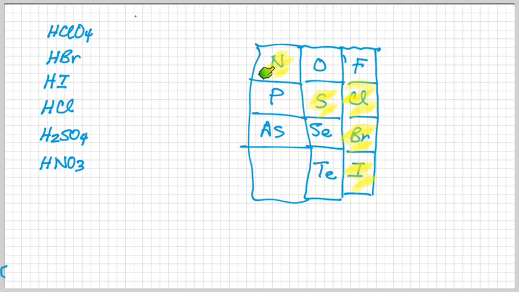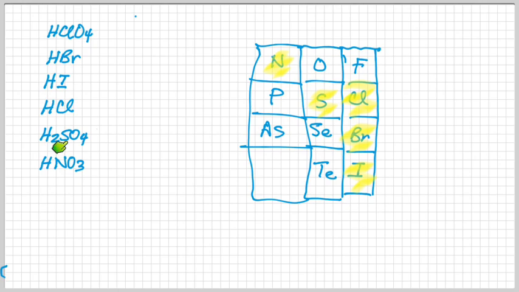So nitrogen is fairly electronegative. Sulfur is fairly electronegative. Chlorine too, and so these 3 here are the oxyacids that are going to be strong.